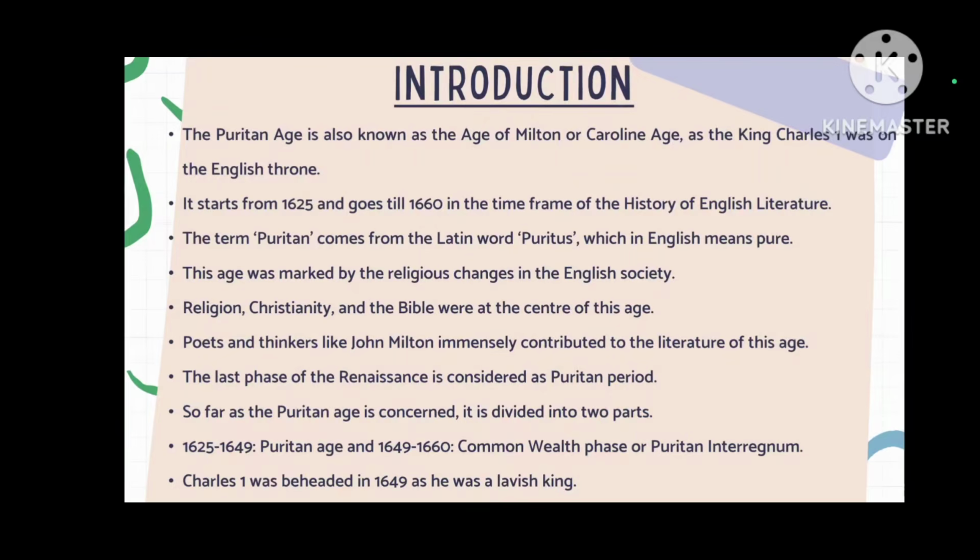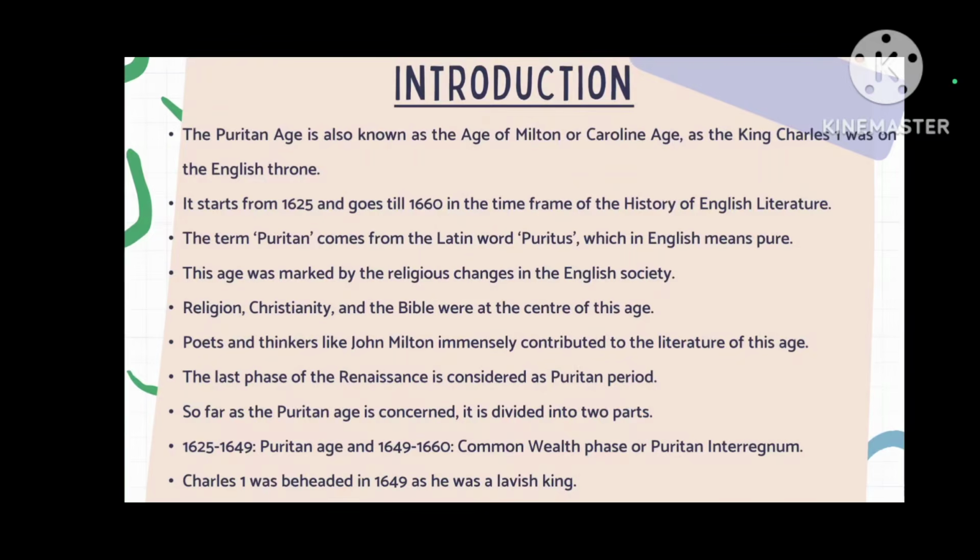The general public was not happy with Charles I, due to which civil war took place, and Charles I was beheaded, killed by the general public. Because of that, the second phase of the Puritan period, the Puritan interim or Commonwealth period, came into existence when in 1649 Charles I was beheaded, and it continued till 1660, when the monarchy was restored again, and in English literature we call it the Restoration period.